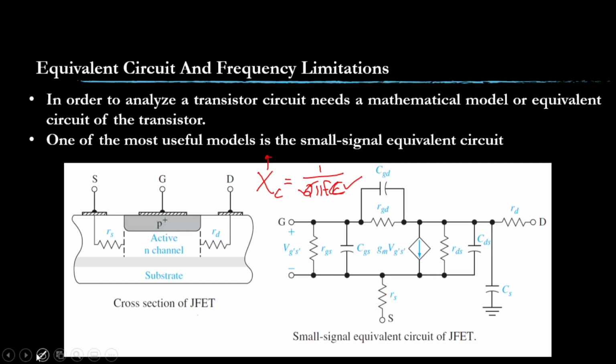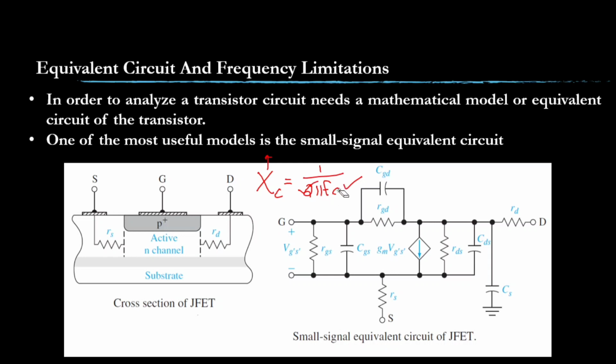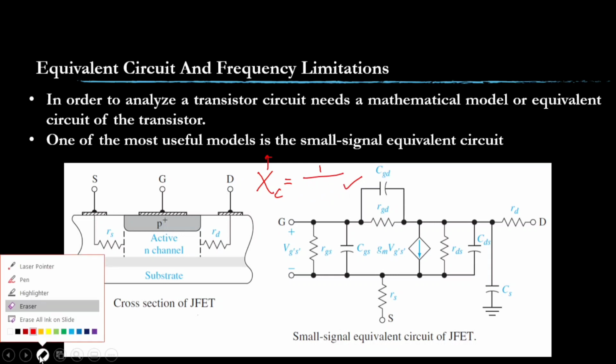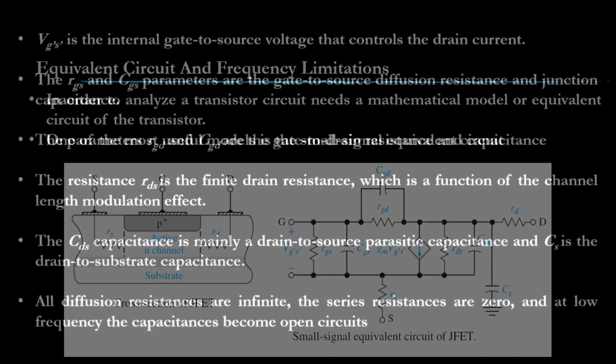If that is the case, how do we draw our equivalent model of the JFET at low frequency? I need to omit all the junction capacitances and remove all the diffusion resistances, I need to remove everything, and the only thing remaining is a dependent current source. Let us see that diagram.